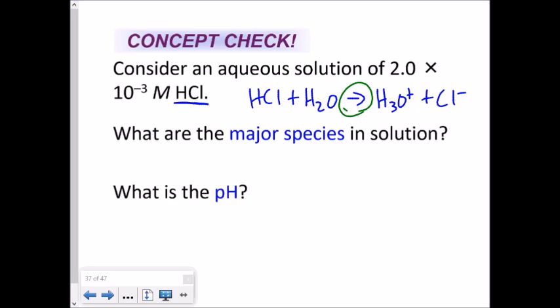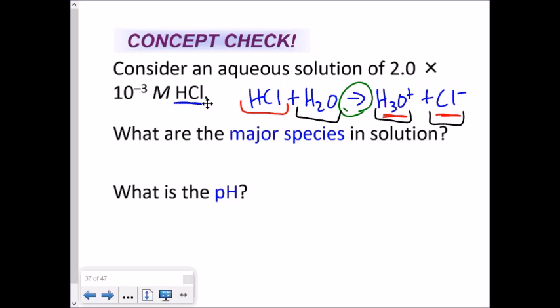It's not really one that reverses a whole lot. So we're really looking for the major species now that it has dissociated. It has become hydronium and chloride. It's really no longer around. We still have water though. There's plenty of it in the beaker. And we have hydronium now, and we have chloride now. These are going to be the major species that we're going to be looking at.